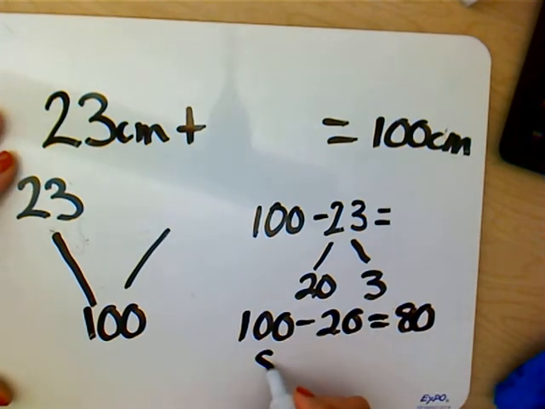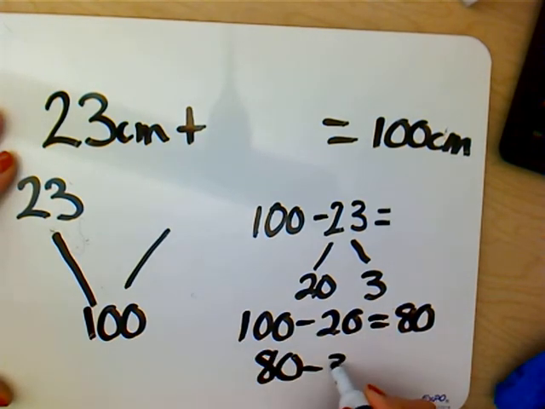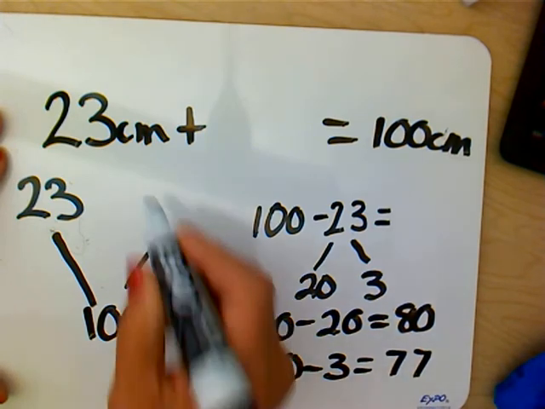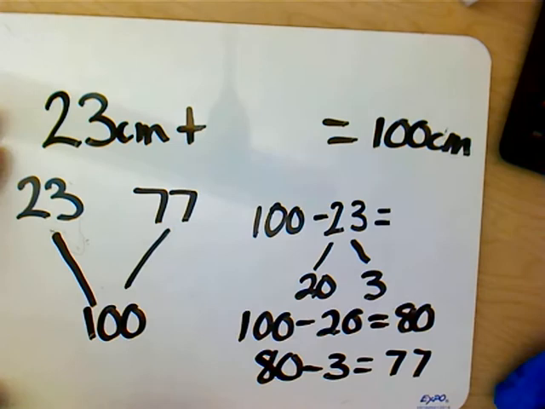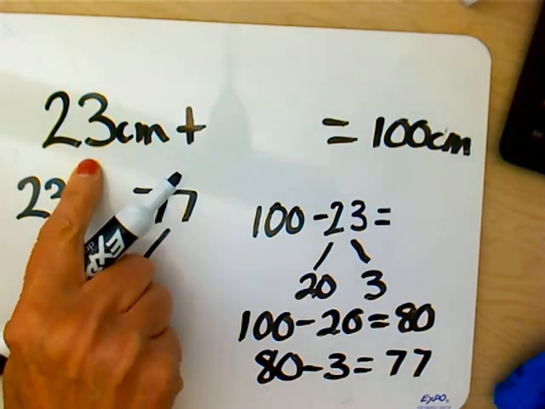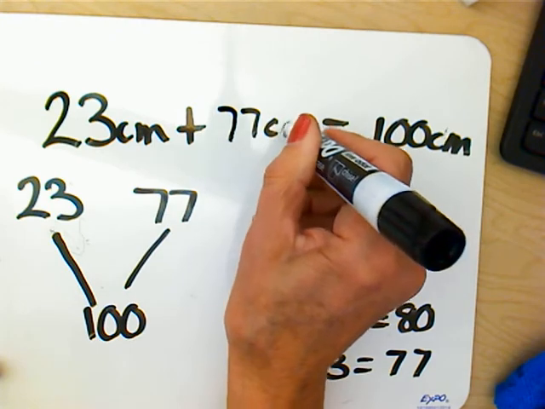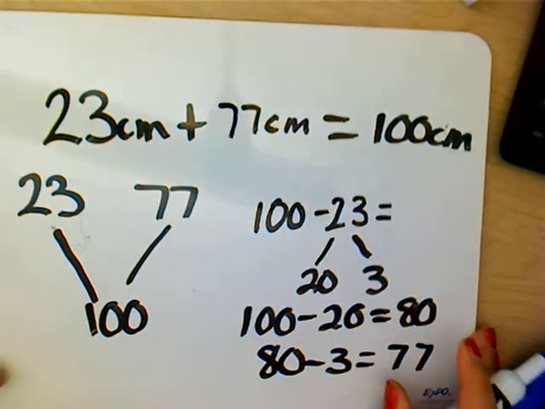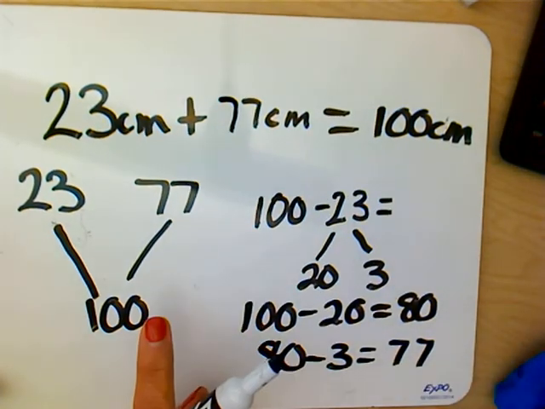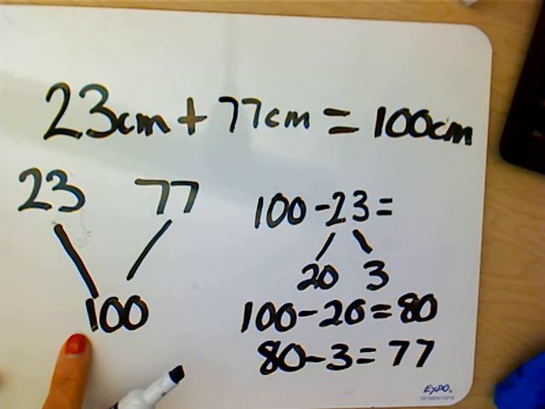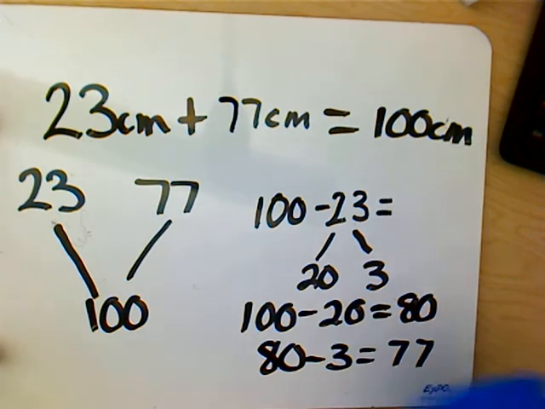Then it's easy for me to say 80 take away 3 gives me 77. Therefore, the other side of my number bond would be 77, and 23 centimeters plus 77 centimeters would give me 100 centimeters. So I'm using my number bonds, and I'm also thinking about the relationship between addition and subtraction as I'm looking at my number bonds.